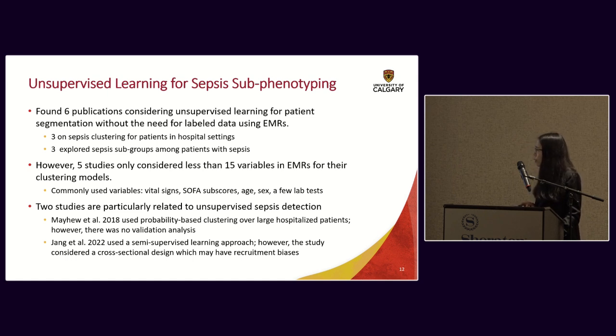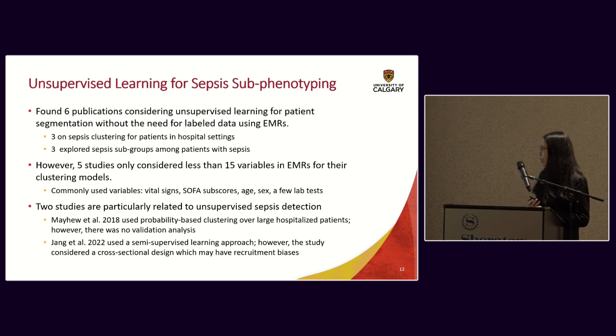They used a probability-based clustering algorithm over a large number of hospitalized patients. They did a very nice job describing the methodology. However, the main limitation of this study is that it lacks a separate validation analysis. Although they identified different patient clusters, it's hard to know which cluster is actually related to sepsis, because there is no separate validation analysis.